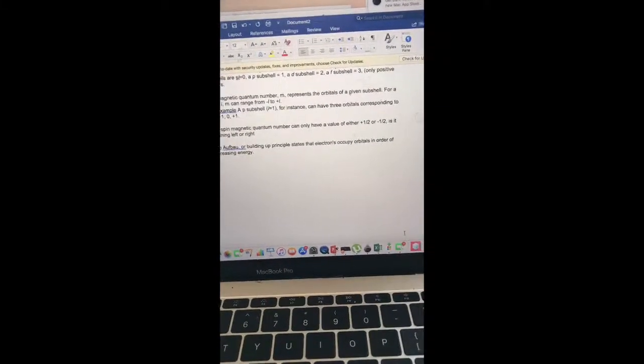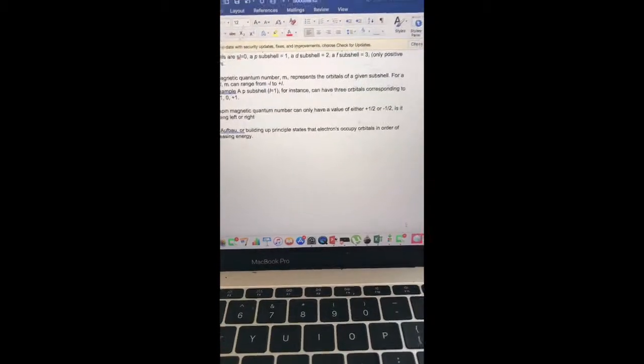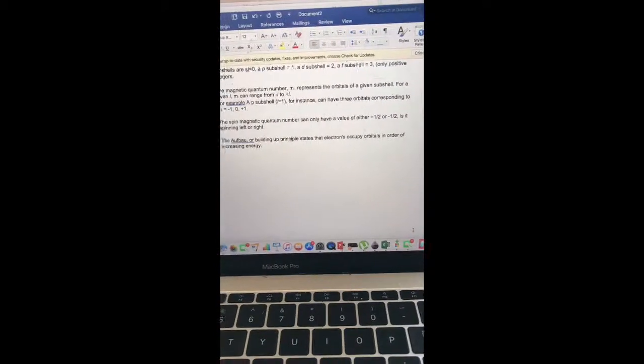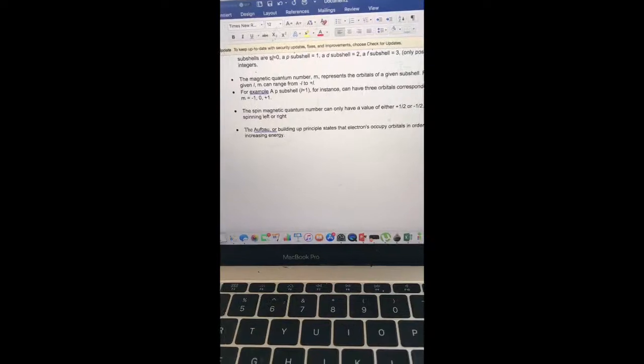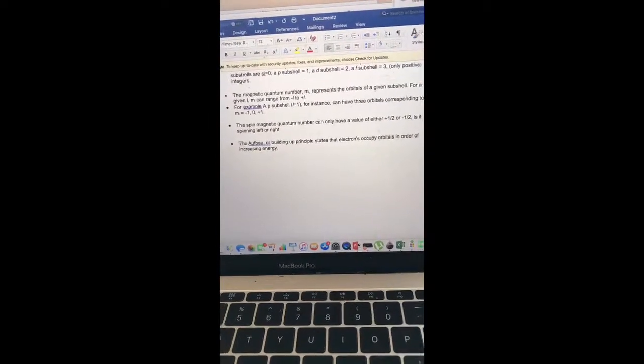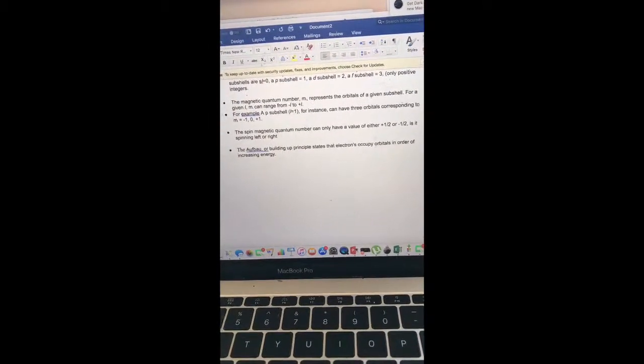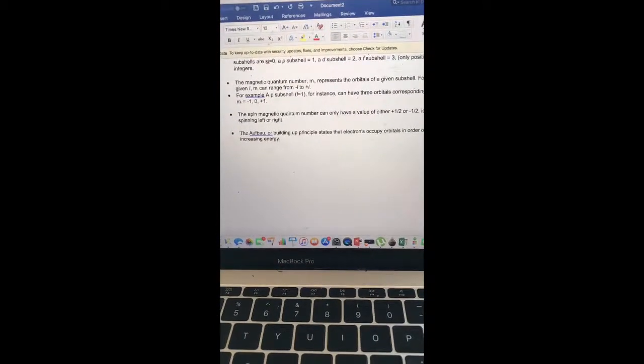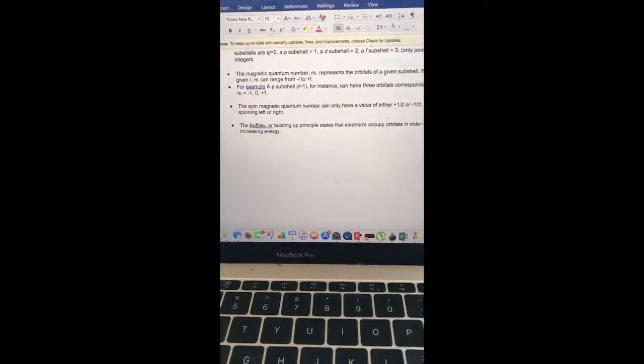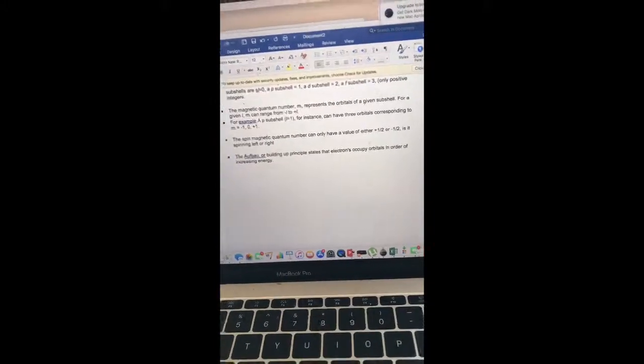The spin quantum number can only be +1/2 or -1/2. It just shows if it's spinning left or right. I don't know how to pronounce this, but the building up principle basically occupies the orbitals in increasing energy.